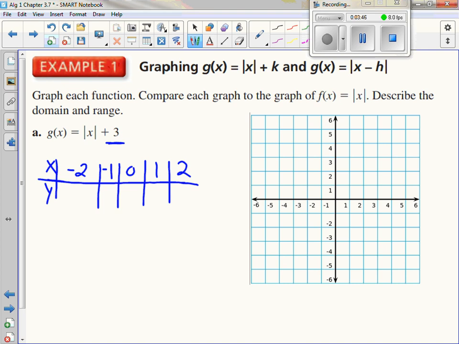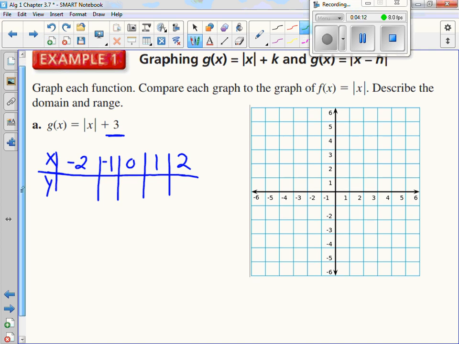If we have a horizontal translation to the left or right, we'll move these numbers left or right by that amount, and we'll look at that in a minute. But since this is a vertical translation of 3 units up, we're not going to move them. We're going to use these 5 numbers, -2, -1, 0, 1, and 2.